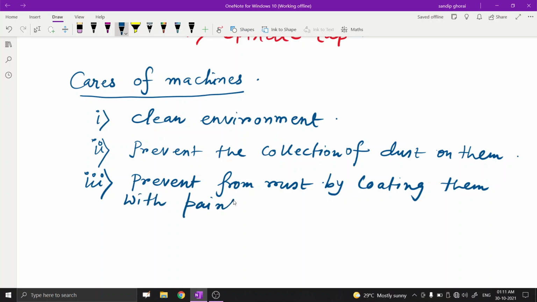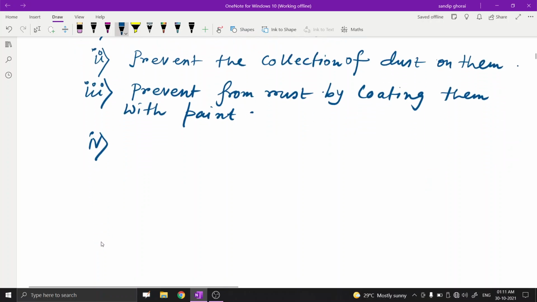And the fourth one is, the moving parts of a machine should be regularly oiled with a good quality machine oil to reduce friction and wear and tear.